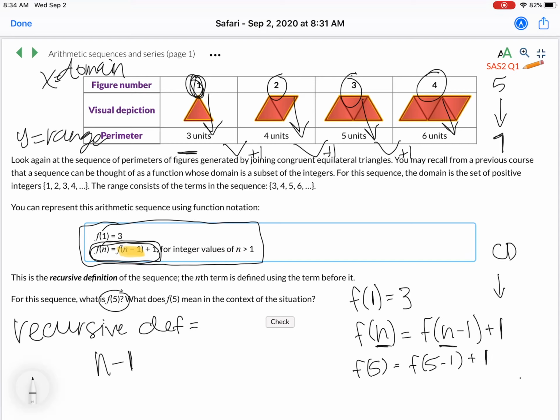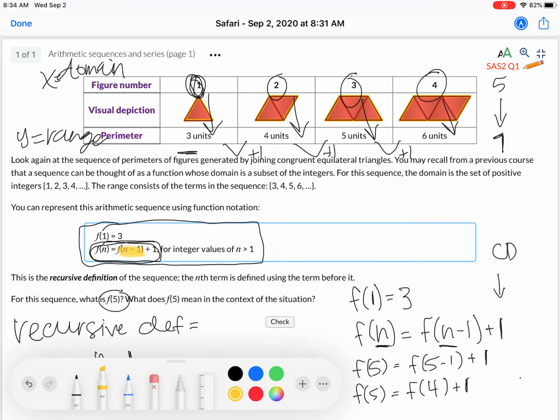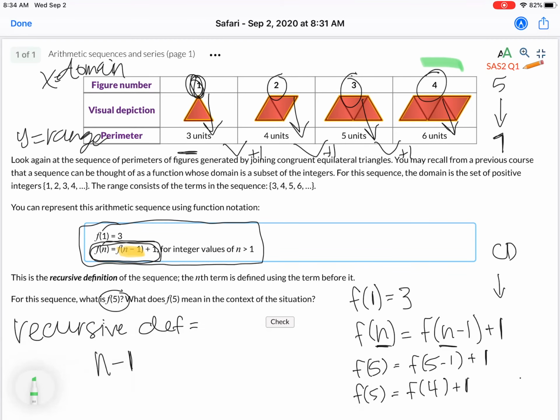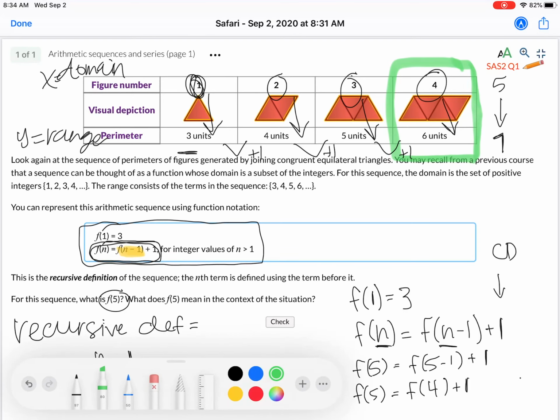Now you just have to simplify. We have f of, and what is 5 minus 1? 4, plus 1. Now, if you look up here at the top, you are given what f of 4 is.